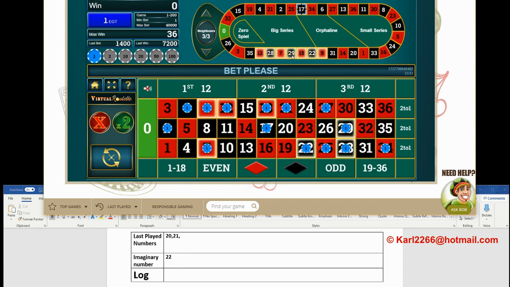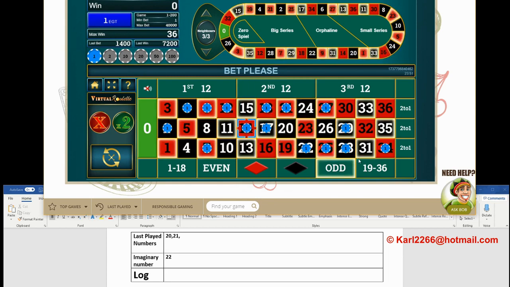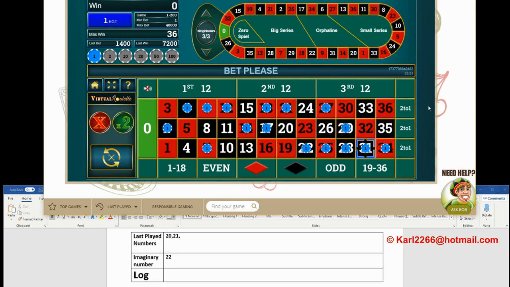But since we place on 29 and the neighbors, we already cover many around 20. So the numbers which are not covered are only 14 and 31. So we place extra on 14 and 31.